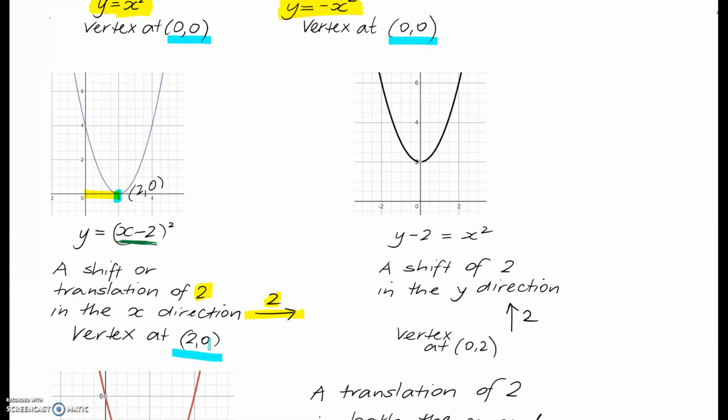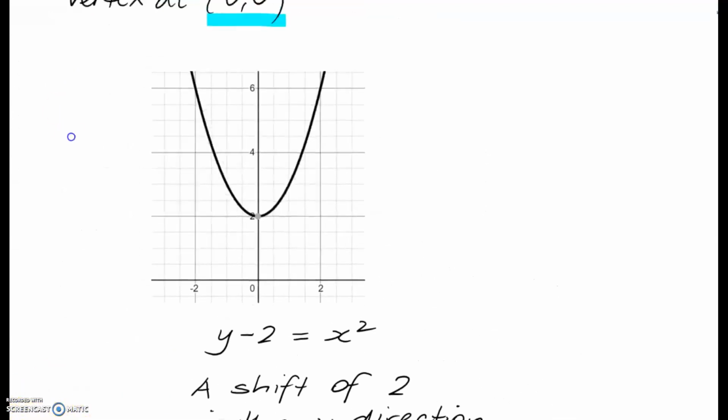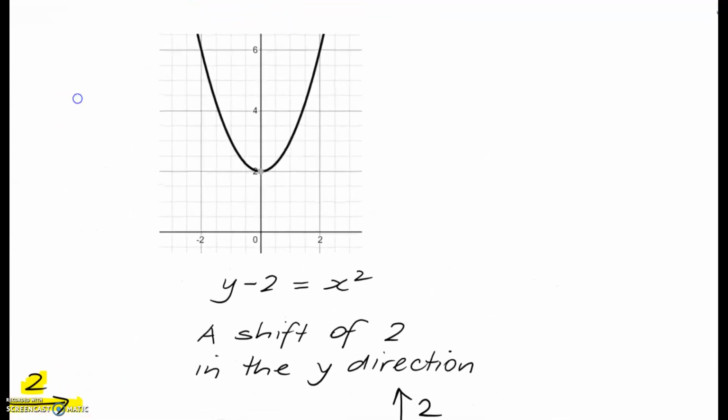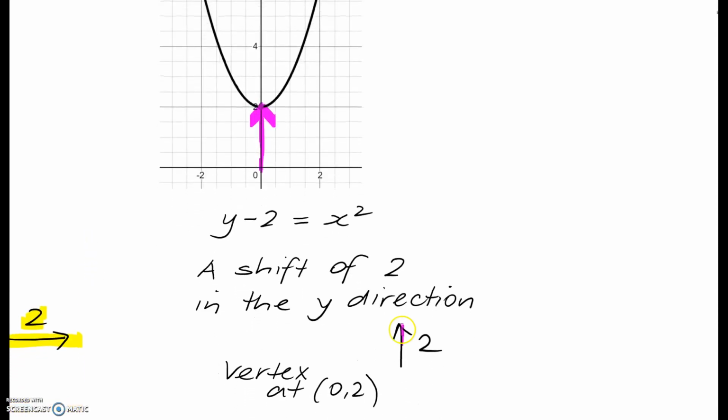Okay, now let's look at this other one I've got here. This one has been shifted that way. It's gone up. See that? So that's actually a vertical shift of 2. So the shift isn't on the x anymore. The shift is on the y.